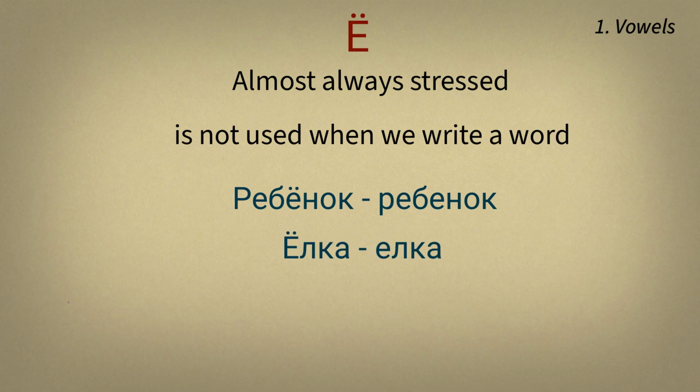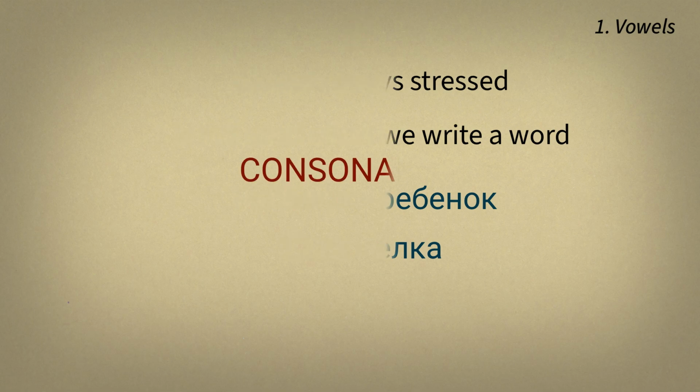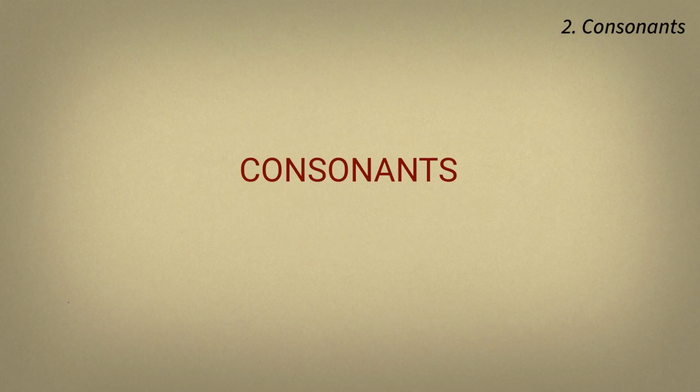Native Russian speakers just know that there is no word ребенок with Е, but ребенок with Ё. No word елка, but елка. In my videos for levels A1 and A2, I write Ё for learners' convenience, and you can remember the right pronunciation of the word. Let's move on to consonants.